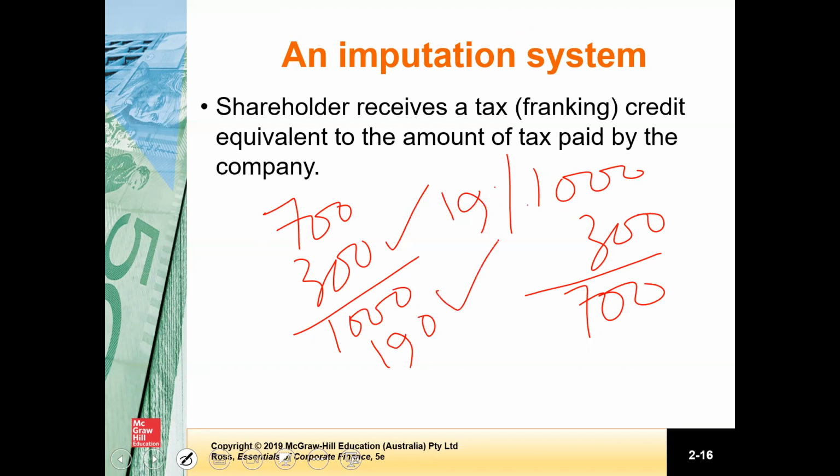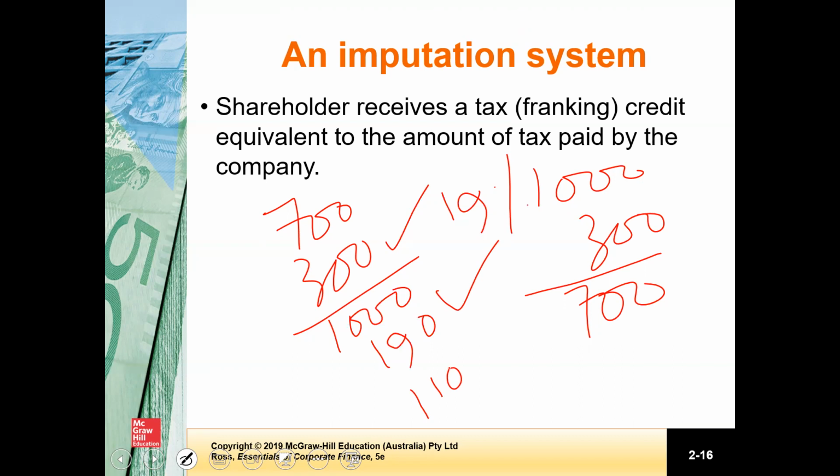Since the tax is $190, the investor doesn't need to pay any additional tax. Rather, the investor will receive a refund of $110. So this is an example of how the imputation tax system works.